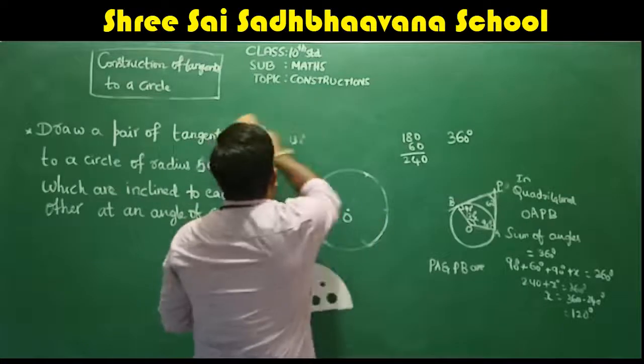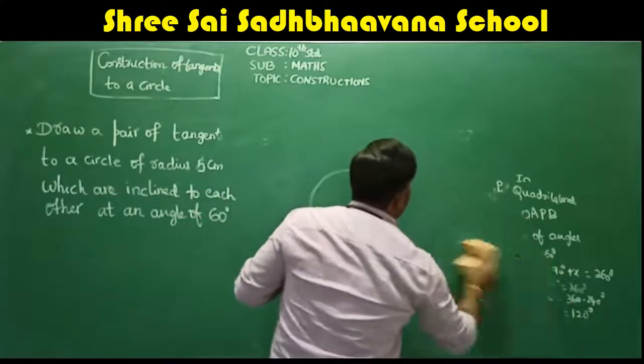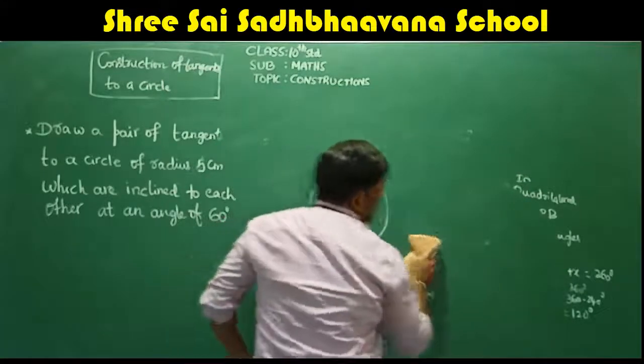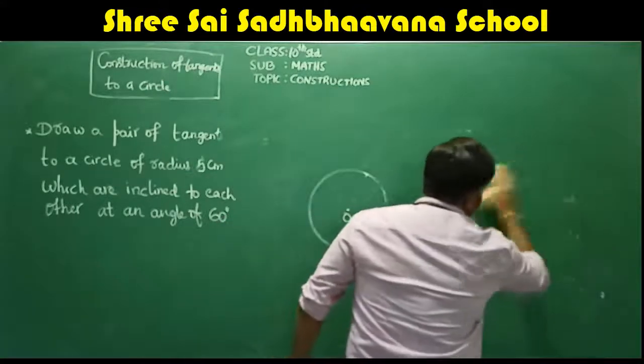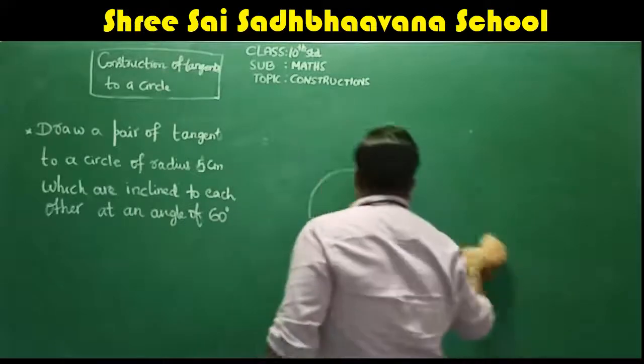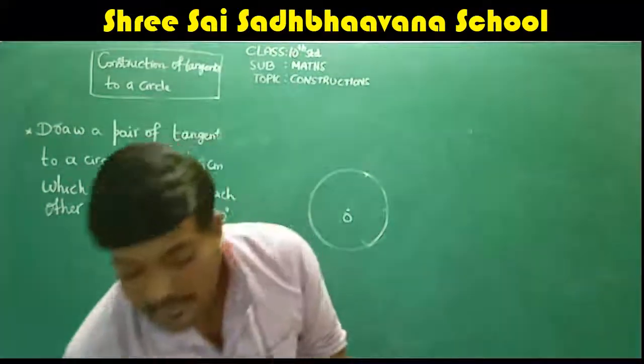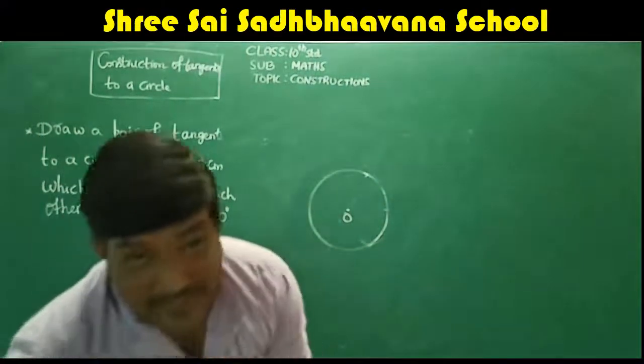Here the angle of inclination is given. Inclination means the angle between tangents. They are given the angle between tangents as 60 degrees, correct? So what angle should we draw here between OA and OB? It should be 180 minus 60.